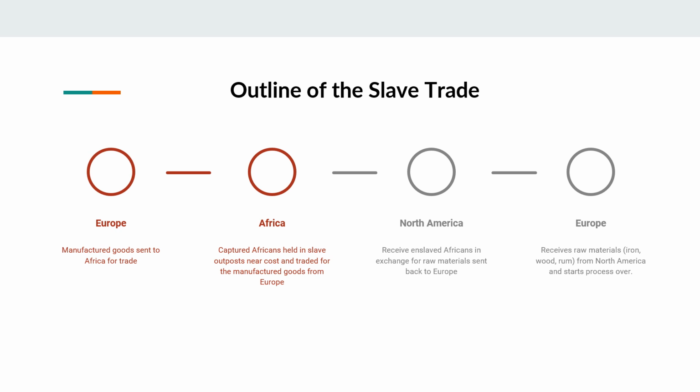So you've got this triangle that we always talk about. The raw materials go to Europe for manufacturing, the manufactured goods go to Africa to be traded for enslaved Africans, and then those are taken to North America, and the cycle goes on and on again.